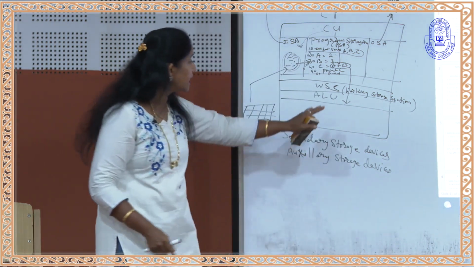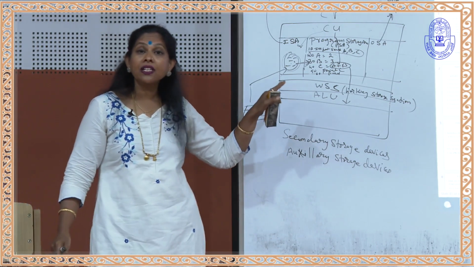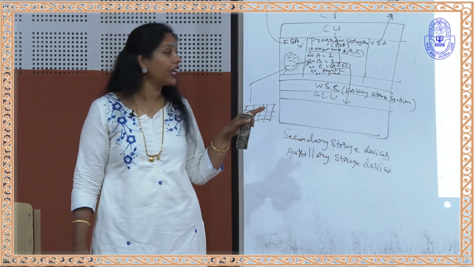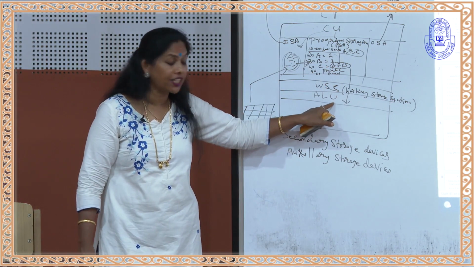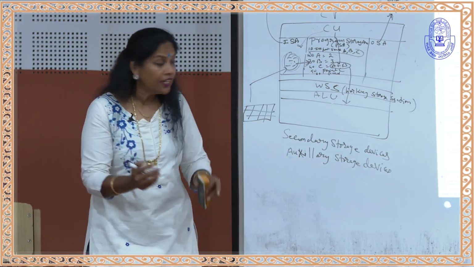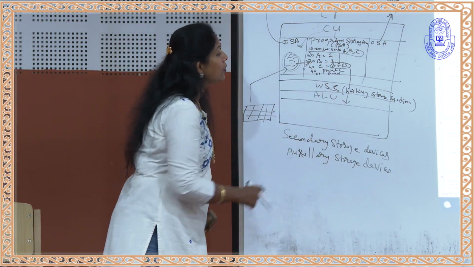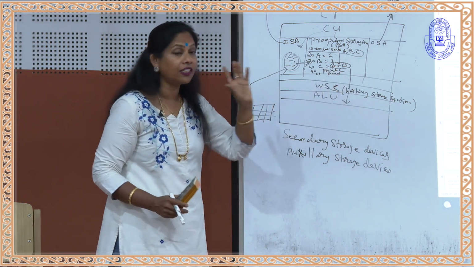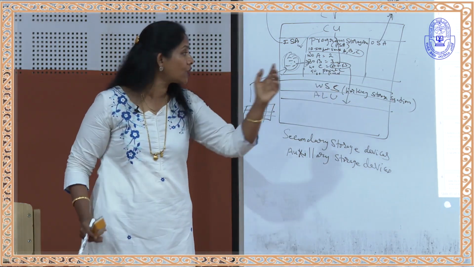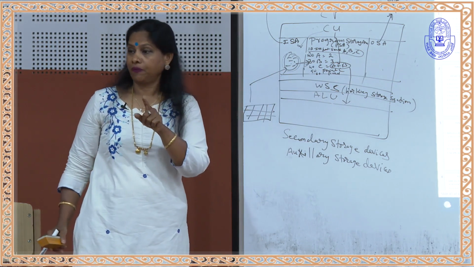All mathematical calculations are done by the ALU. When it says plus, it comes here, it will add those numbers. Again, it will send to this. So it will add 2 plus 3 and the result is stored in C.